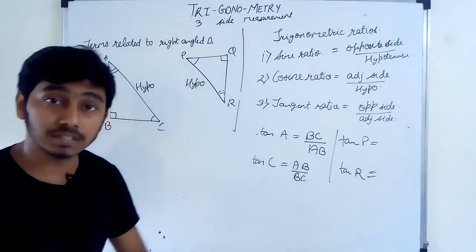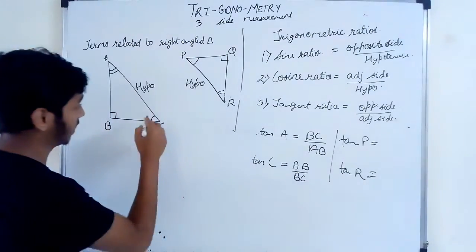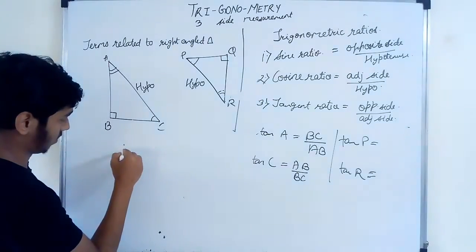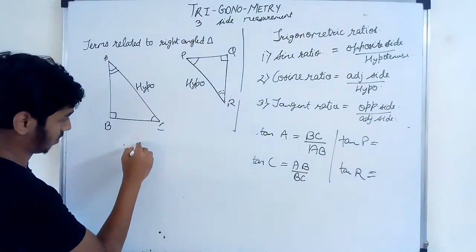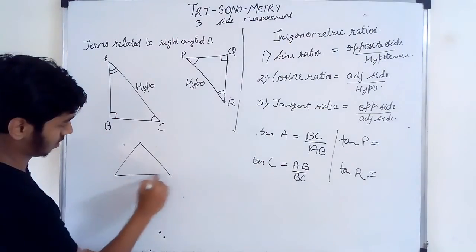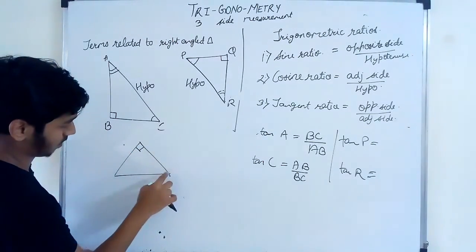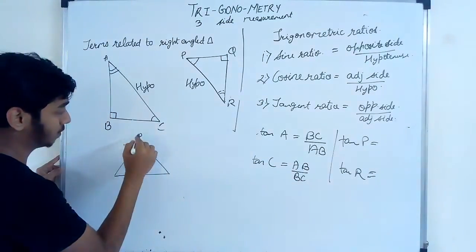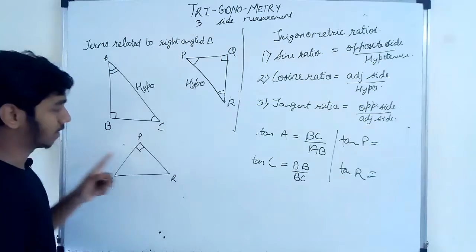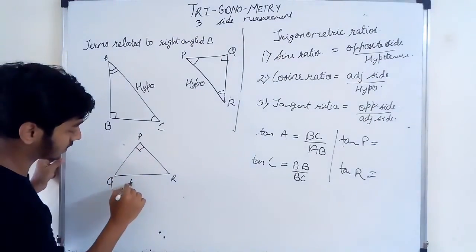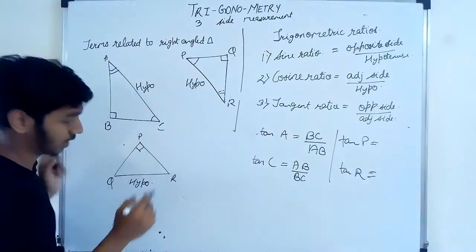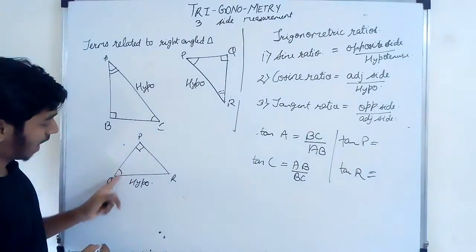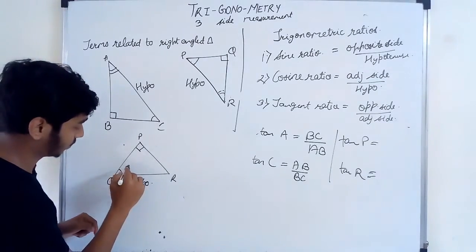Now before starting with the questions, if this is 90 degrees, let's say this is P, Q and R. If this angle is 90 degrees, you know that this is the hypotenuse, correct? Now let's say that angle Q is theta.